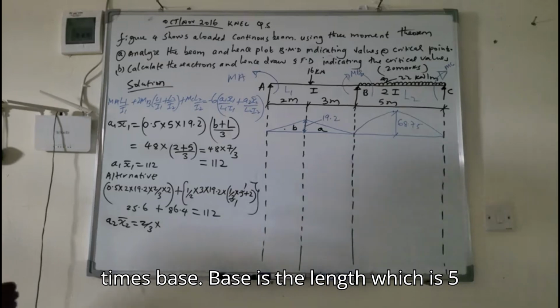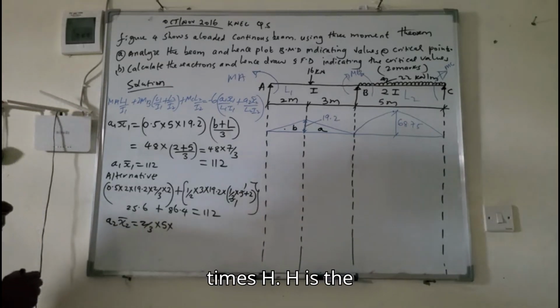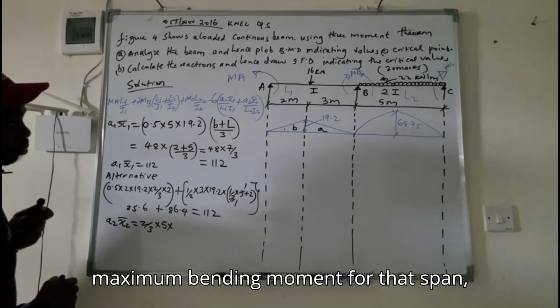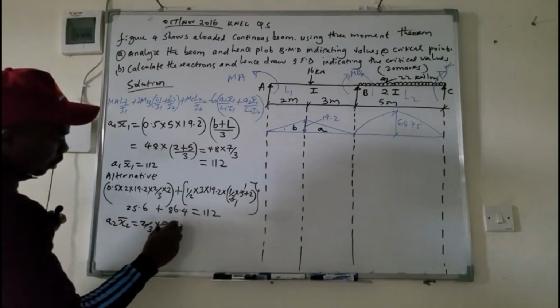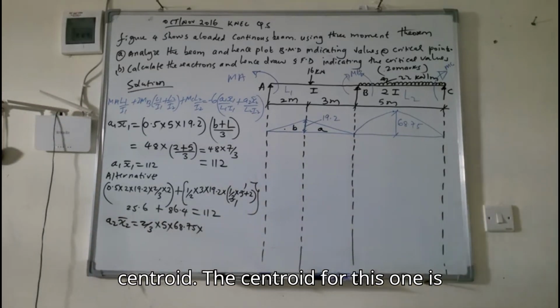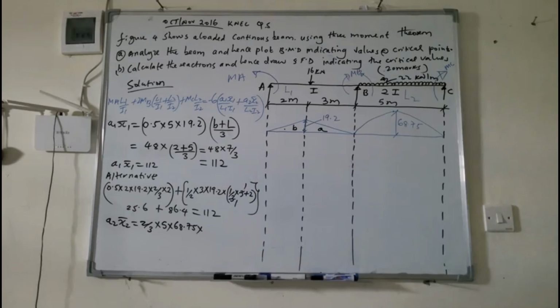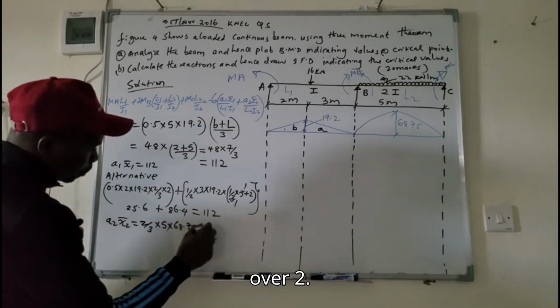The base is the length, which is 5, times h. H is the maximum bending moment for that span, 68.75, times the centroid. The centroid for this one is L over 2, so it will be 5 over 2.